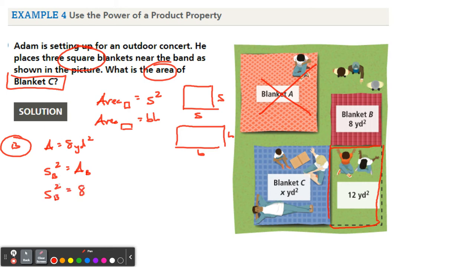To get rid of this squared, we raise both sides to the 1/2 power. A power raised to a power multiplies, so multiplying by the reciprocal, the exponent becomes 1. So I get the side length of B is 8 to the 1/2 power.